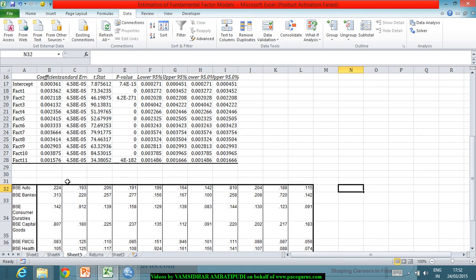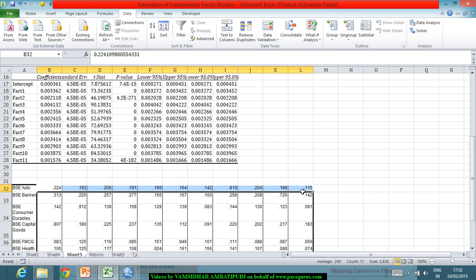So the factor 1 is actually having 0.224 times auto, whereas factor 2 is having 0.193 times auto. So logically speaking, if I multiply these with these, this is what is coming out to be the upgraded beta for the auto index.